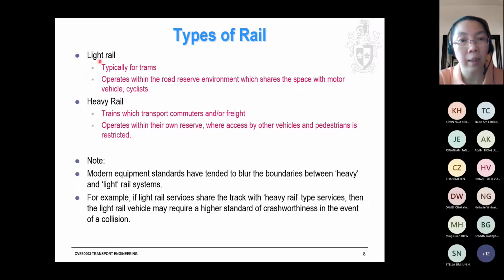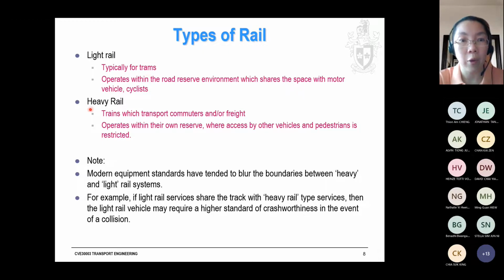The term light rail here is typically meant for trams, which are found a lot in Melbourne, and it operates within the road reserve environment, which shares the space with motor vehicles and cyclists. So light rail, even though they have their own track, there's no fencing, and the trams will travel on the road, similar to a car.